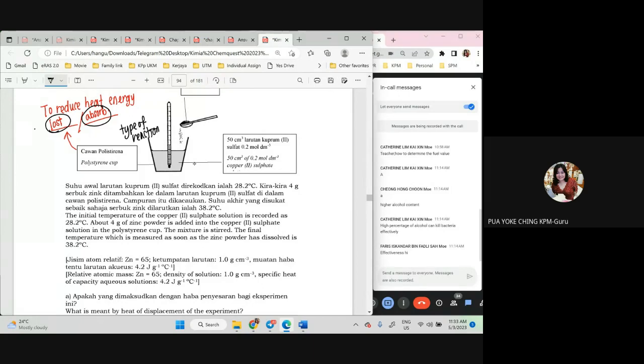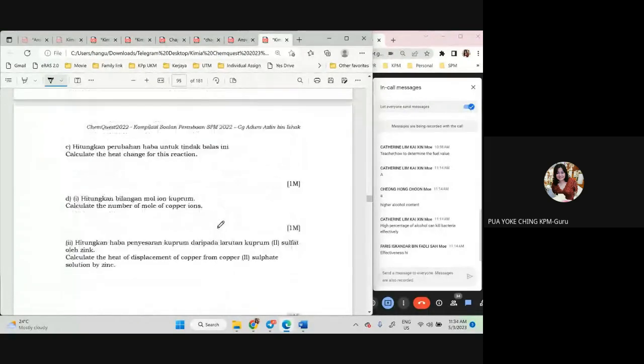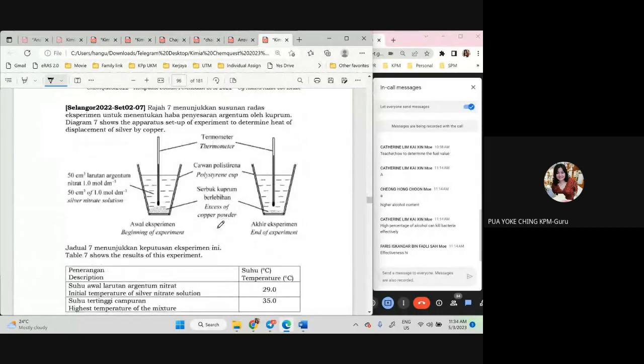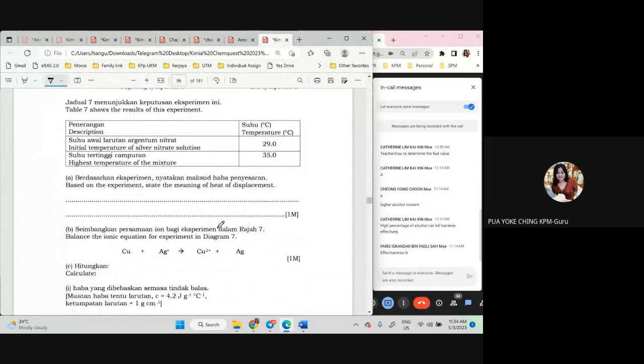Kalau dia endo, so is to prevent heat energy absorbed from surrounding, if endo. Satu lagi is to reduce heat energy loss to surrounding, if that one is exothermic. Okay, so itu yang kena jaga. Dan kena ingat, not every time is exo, it can become out endo.